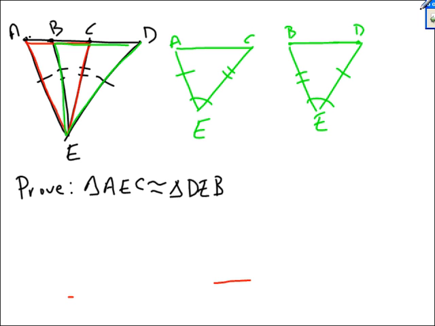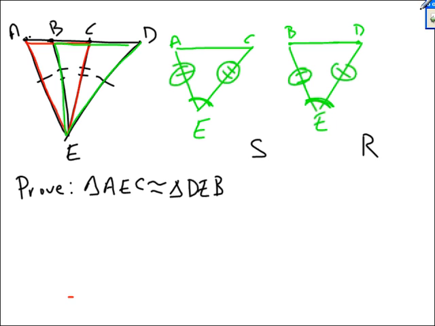But you know what? They have a common angle. Angle E equals angle E. They have two pairs of congruent sides, and in between those two sides will be angle E, the same angle, congruent angles. Well, that's enough. Those two triangles are congruent by SAS.